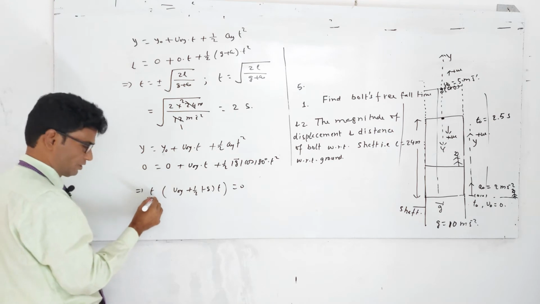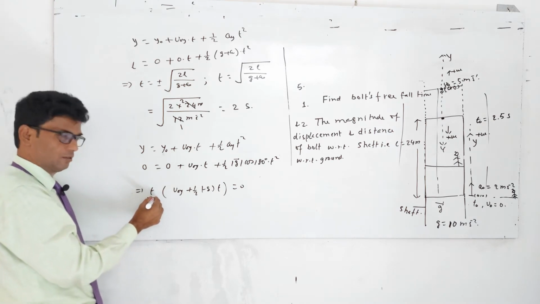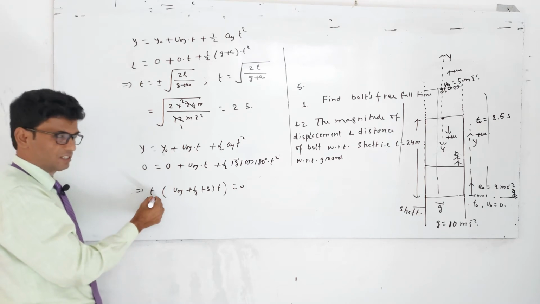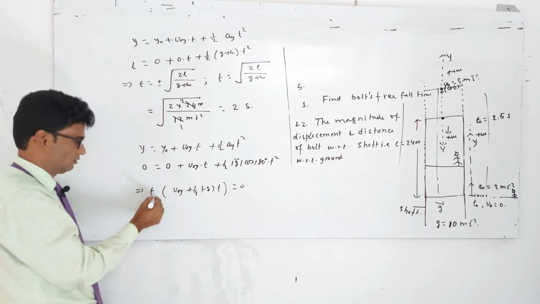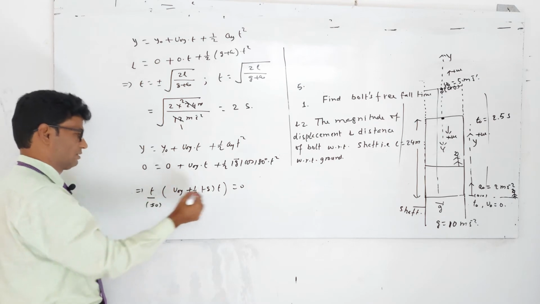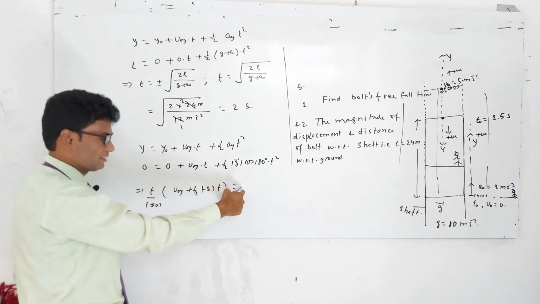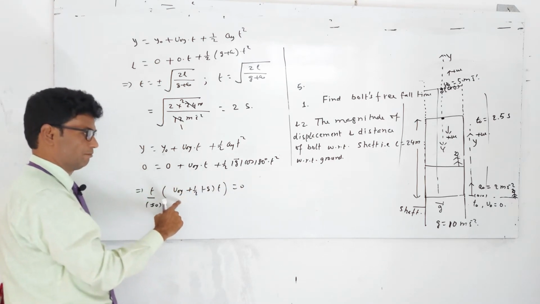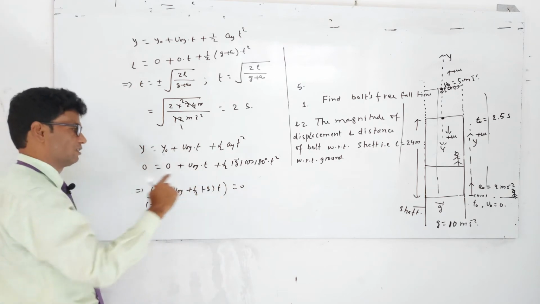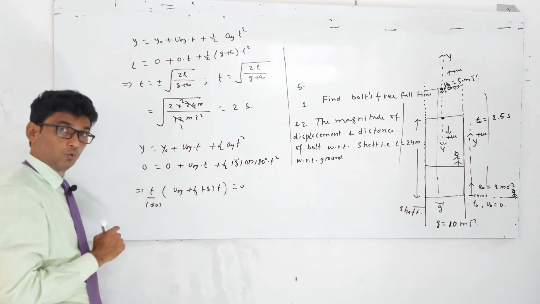So the first factor is t, which cannot be 0 because it takes some time to cover distances upward and then downward, so it is not equal to 0. But here the right hand side is 0, so the second factor must be 0, otherwise this equality does not hold. Good.